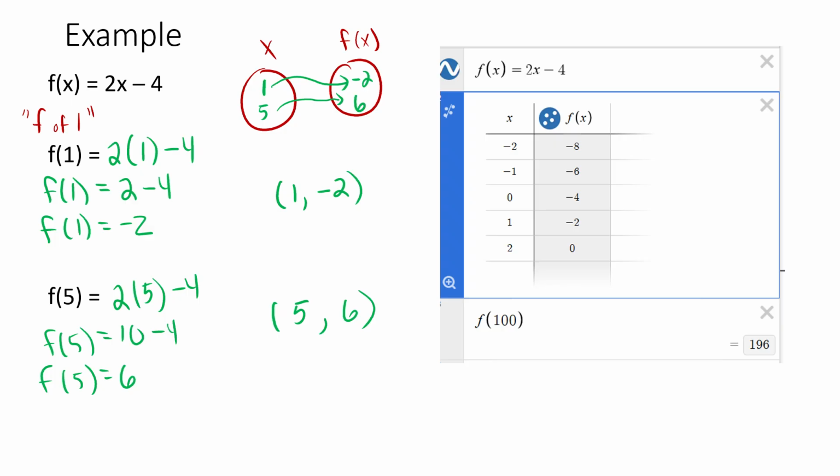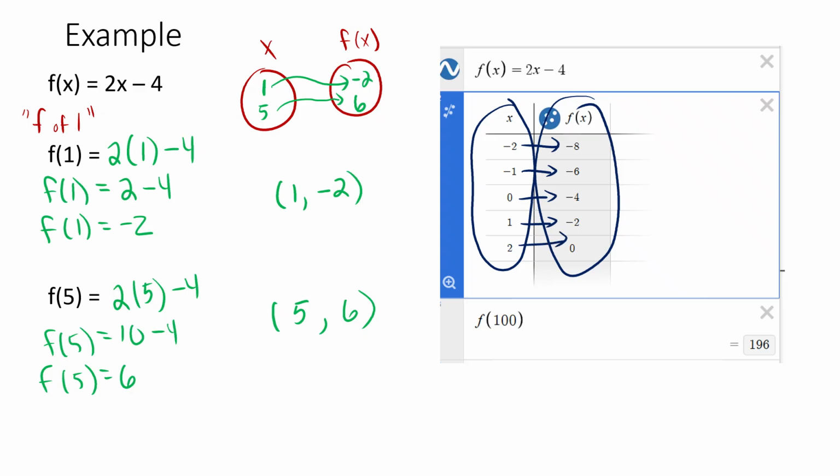There's our mappings. Now, the screenshot over here is from Desmos, and I inputted this in. If you haven't done this before on Desmos and you've been using y's, that's fine, but you can also do f of x's, and you'll notice that it can generate a table. You could think of it like this is my first set, and this is my second set, and we are showing all of those mappings.